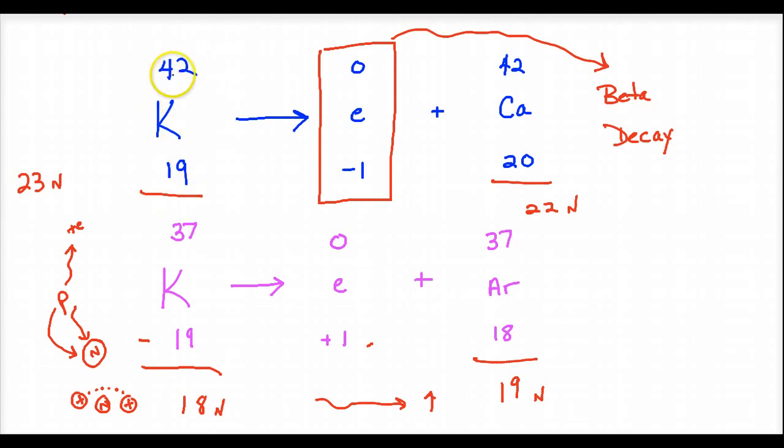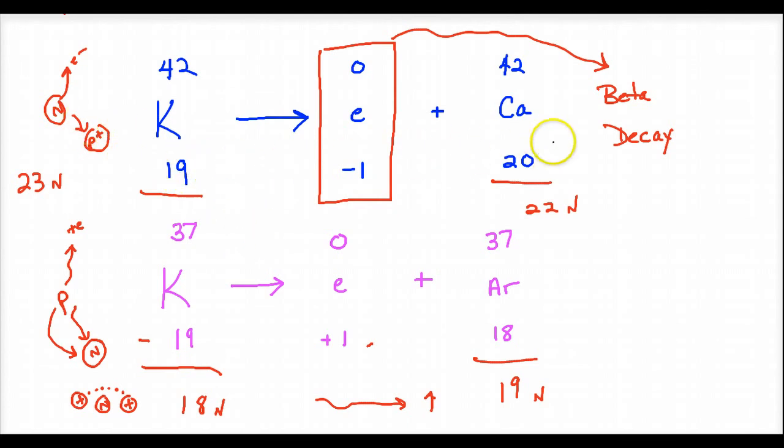So having too many neutrons, we have beta decay. And of course, in beta decay, a neutron gives off a high-speed electron, and a proton remains. So here, the atom fixed itself by adjusting its proton to neutron ratio by essentially losing a neutron and converting it into a proton.